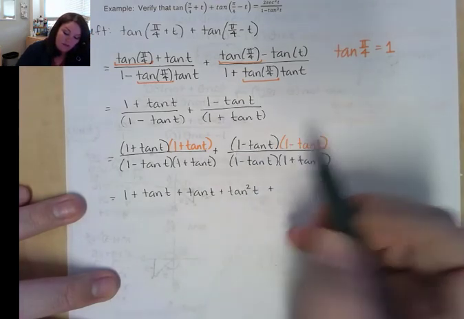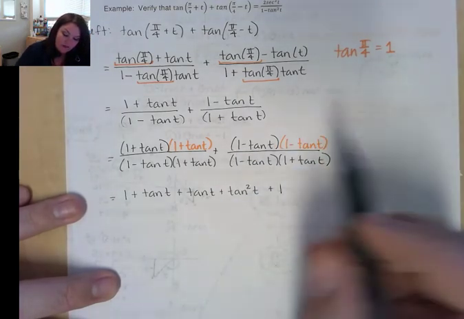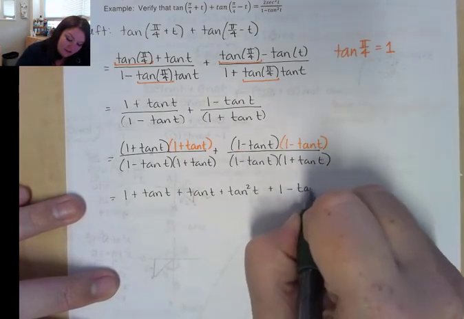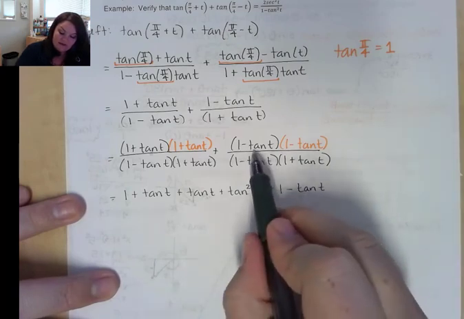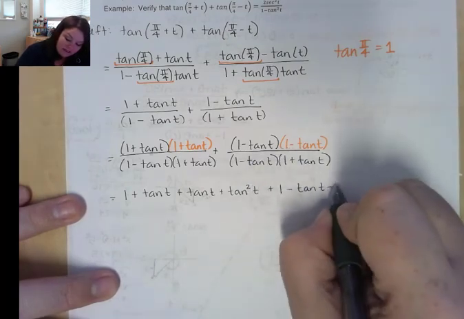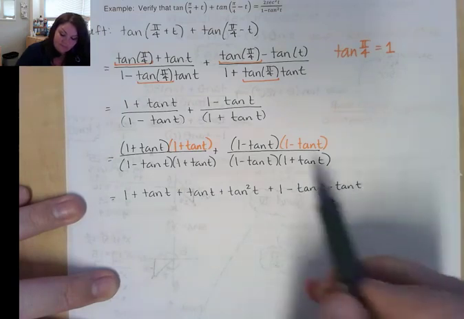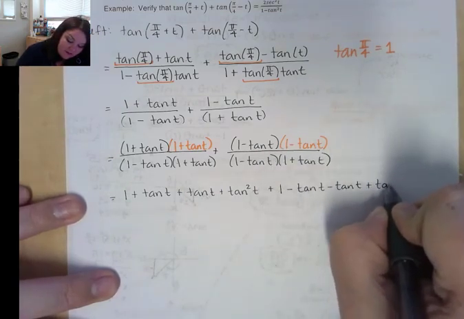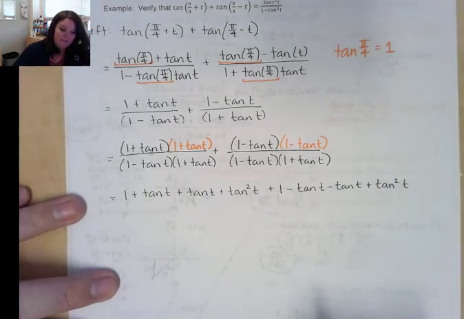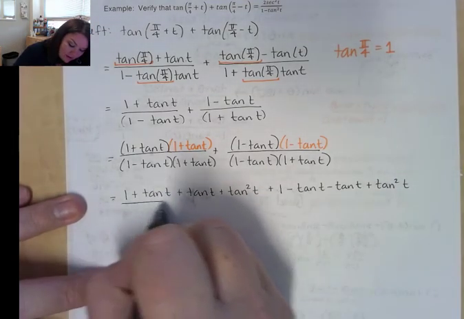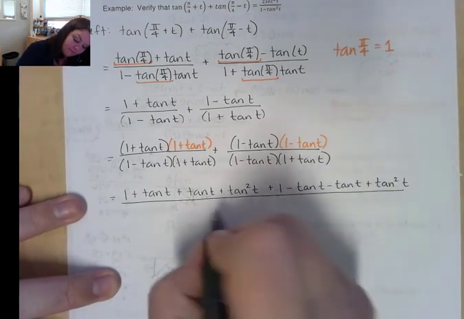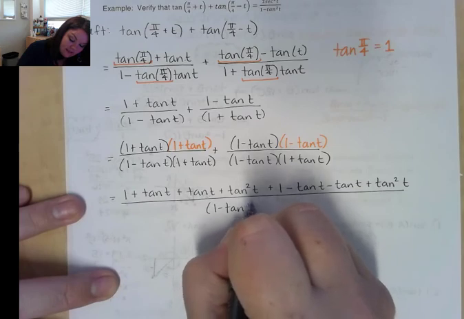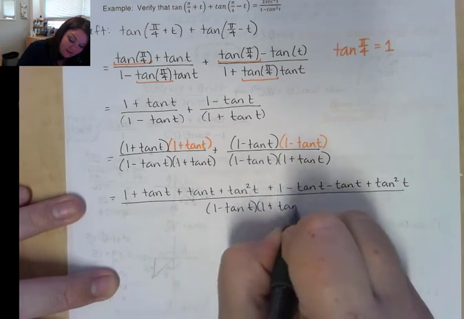So 1 times 1 is 1. 1 times negative tangent t is negative tangent t. Negative tangent t times 1 is negative tangent t. Negative tangent t times negative tangent t is positive tangent squared t. Okay, so this is all over that common denominator of 1 minus tangent t times 1 plus tangent t.